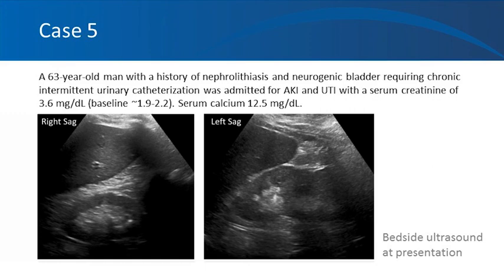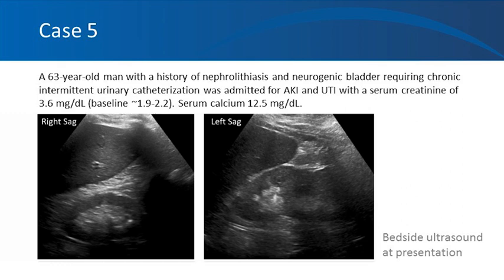Case number 5. A 63-year-old man with a history of nephrolithiasis and neurogenic bladder requiring chronic intermittent urinary cath was admitted for acute kidney injury and urinary tract infection. His creatinine was 3.6 milligram per deciliter, with baseline being around 2 milligram per deciliter.